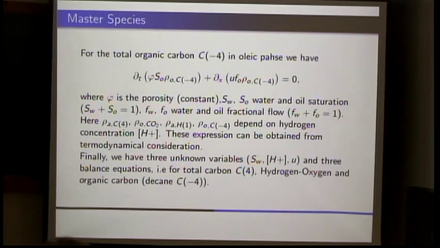So in the end, we have 3 unknown variables and 3 balance equations. Okay? That's what we summarize here. 3 unknown variables, S_W, concentration of hydrogen ion, and flow, and 3 balance equations.